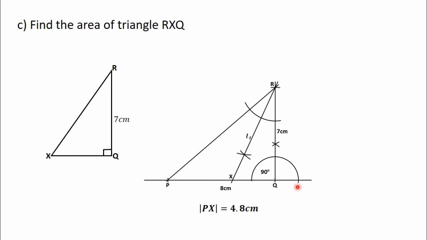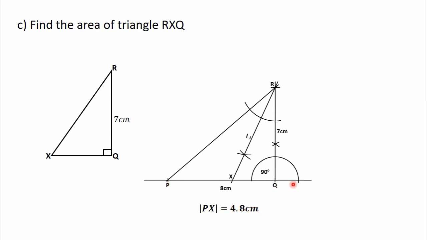From our construction, we can see that from P to Q, which is PQ, will be equal to from P to X, which is PX, plus from X to Q, which is XQ. We know that PQ is 8 centimeters, and we have just found out that PX is 4.8 centimeters.